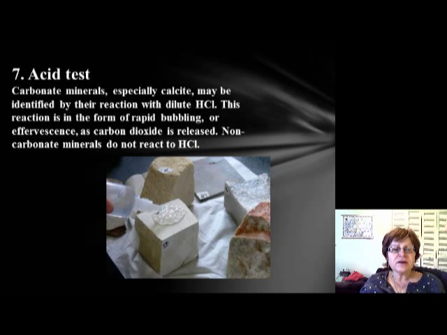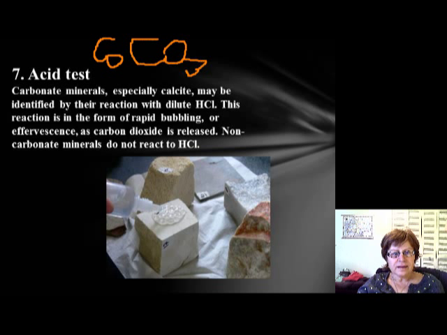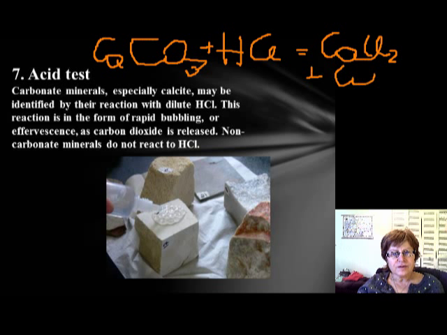But when you put the hydrochloric acid on calcite, what will happen, calcite is calcium carbonate, CaCO3, so this is CaCO3 plus HCl, what we put on, and it will go into calcium chloride, CaCl2, plus CO2 plus H2O.